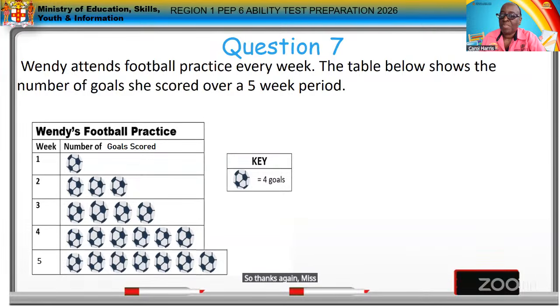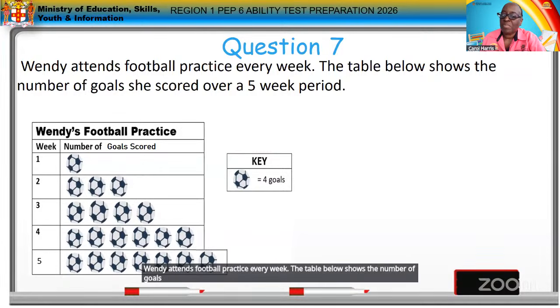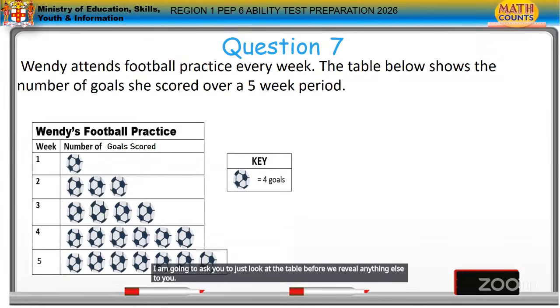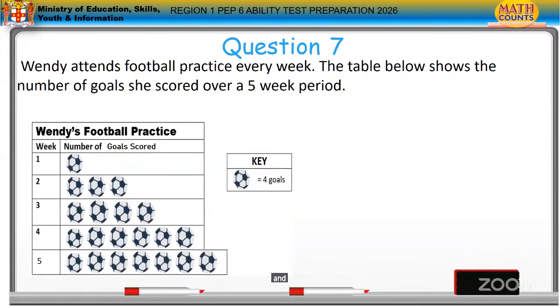So we are moving on to question 7. Question 7 says, Wendy attends football practice every week. The table below shows the number of goals she scored over a 5-week period. I'm going to ask you to just look at the table before we reveal anything else and see if you can tell us what you notice.